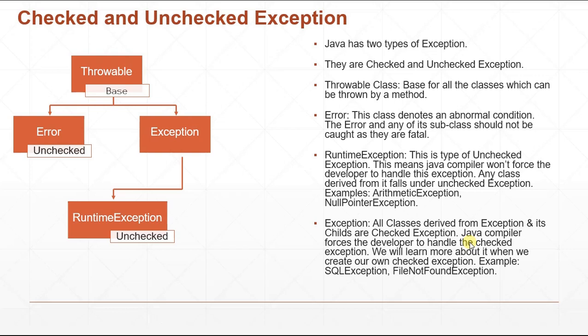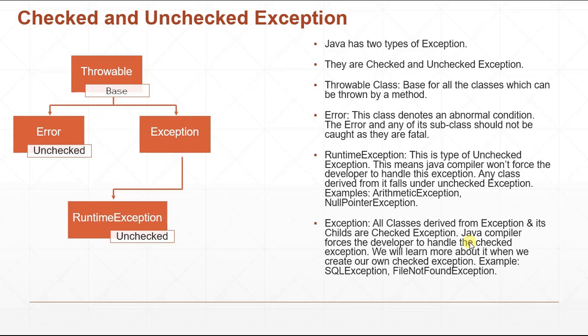Whoever is calling this method should handle the exception. The called method can delegate it to its caller, stating I am throwing this exception, I don't want to handle it. So checked exception means the Java compiler will always force you to handle that exception.